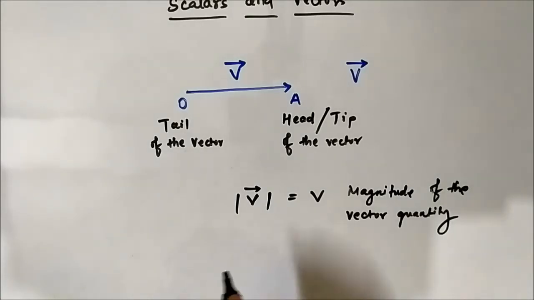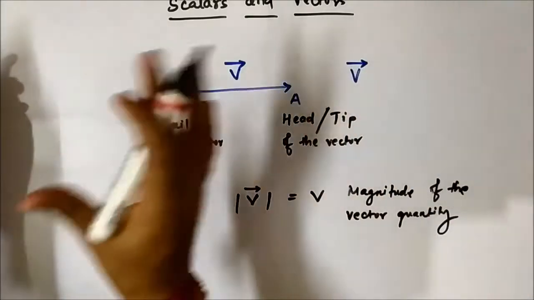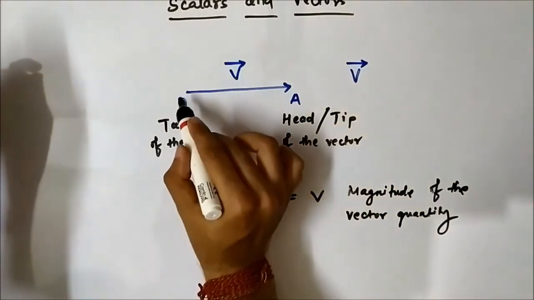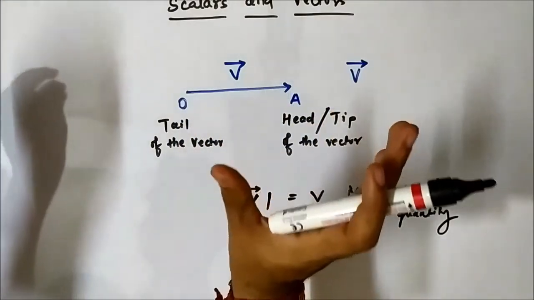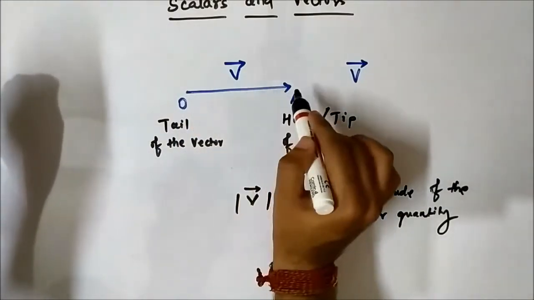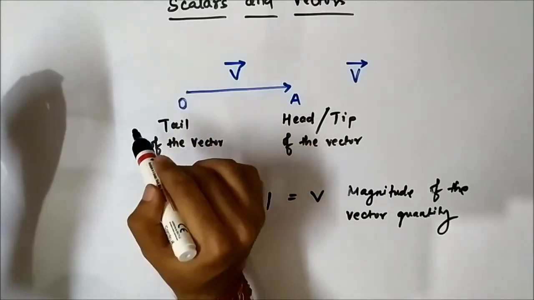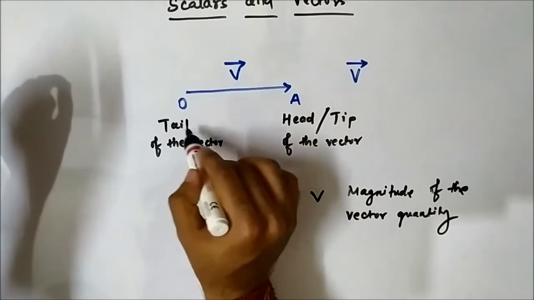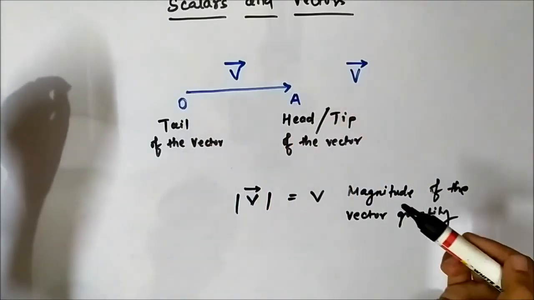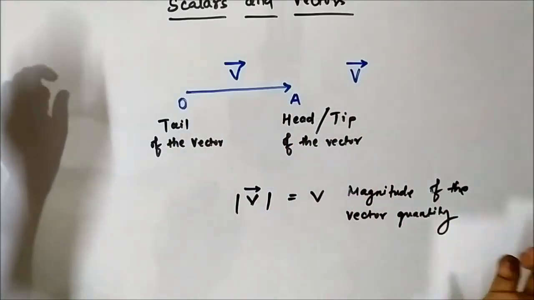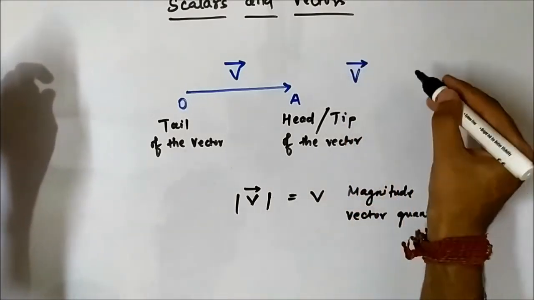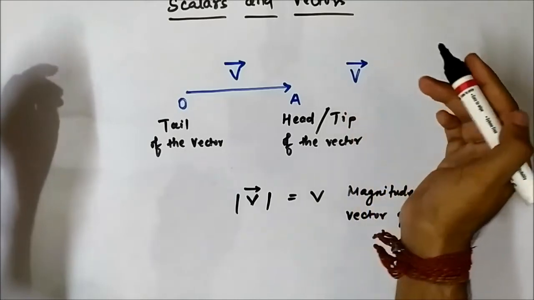So these are some of the basic things associated with vectors. First, it is represented by a simple arrow mark, the arrowhead. The starting point, the point of origination, is called the tail of the vector. The finishing point is called the head or tip of the vector. Any vector quantity is represented by whatever symbol we want.